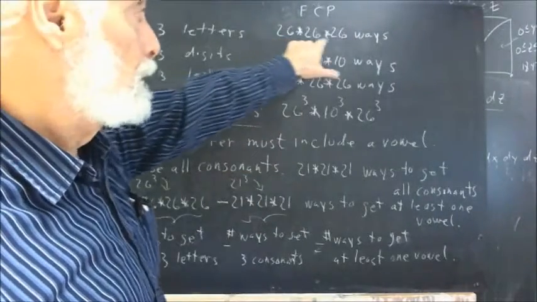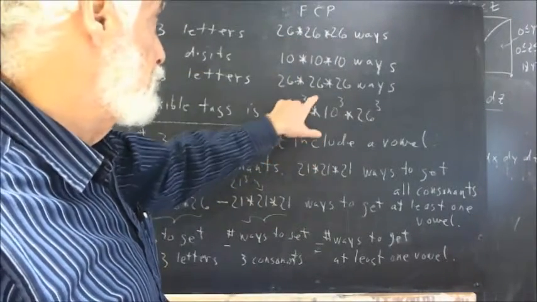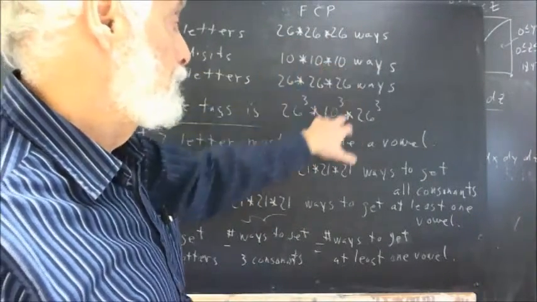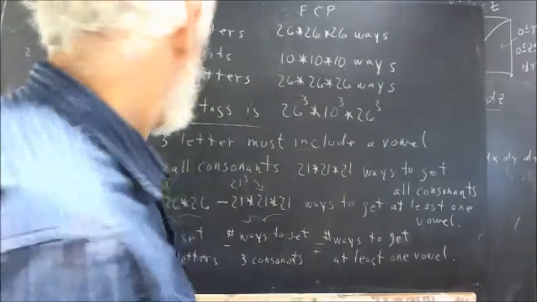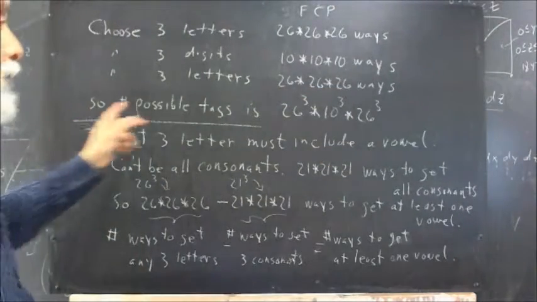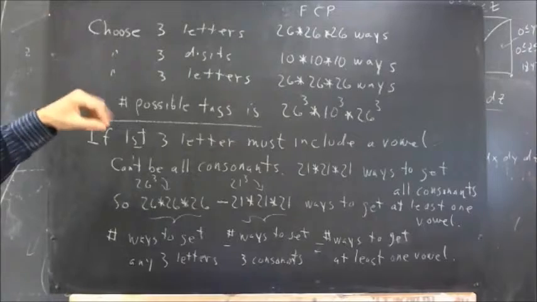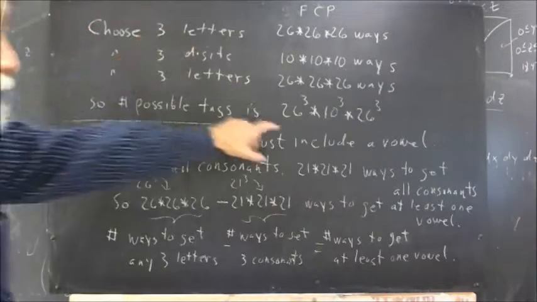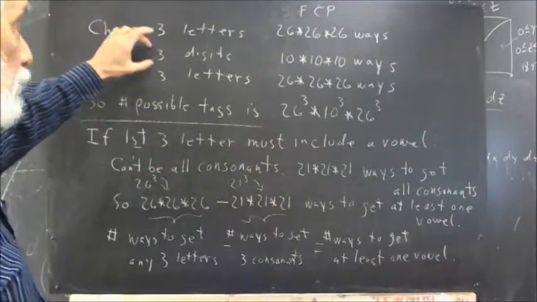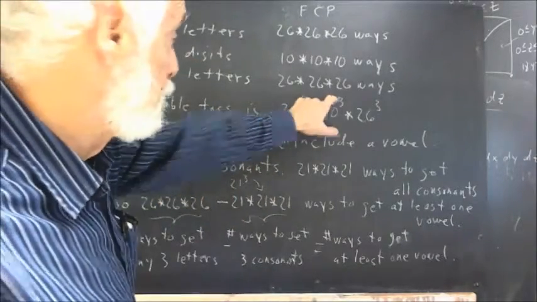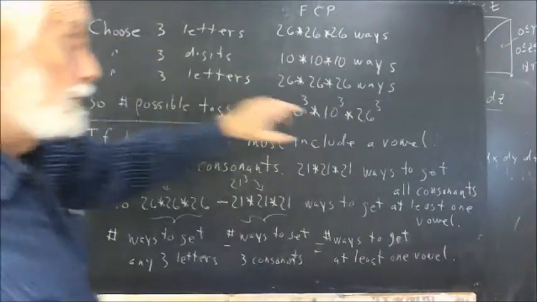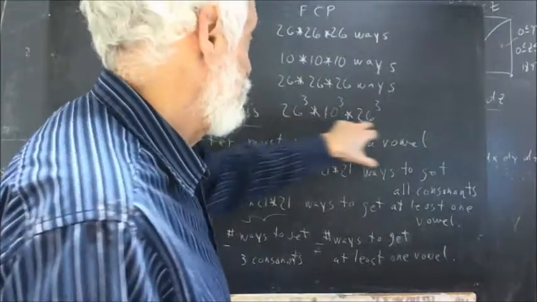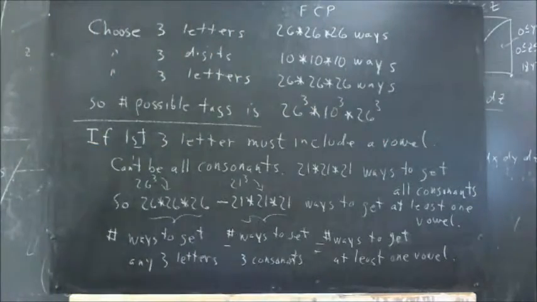So 26 times 26 times 26 is 26 to the third, 10 times 10 times 10 is 10 to the third, and so forth. So the number of possible tags is, we multiply the number of ways of choosing our 3 letters, which is 26 to the third, then our 3 digits, which is 10 to the third, then our last 3 letters, which is 26 to the third, and there are this many ways to choose a tag.